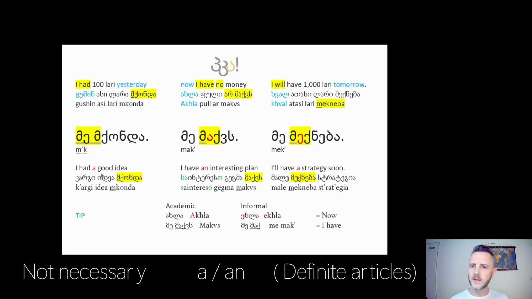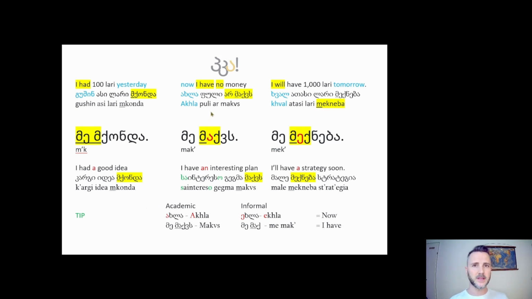So of course, these are missing. They are not necessary. One extra thing I would like to say, let's look at the example at the beginning. Achla puli ar max. The informal variant of achla is echla. The informal variant of max is mak.